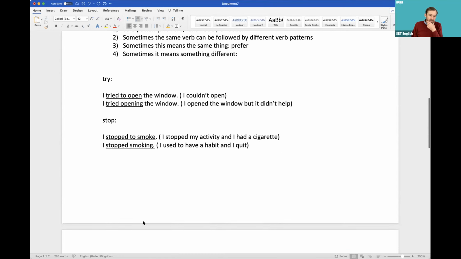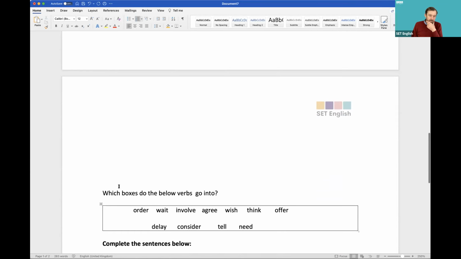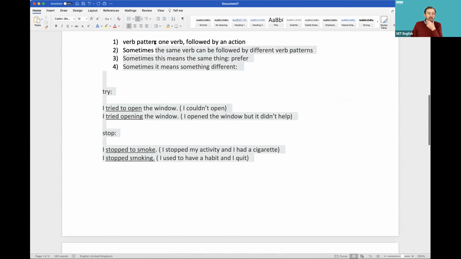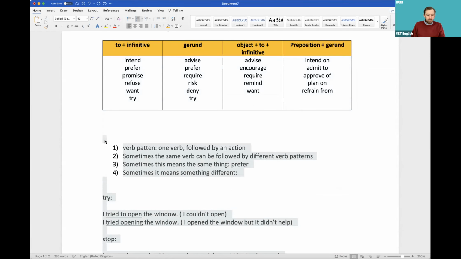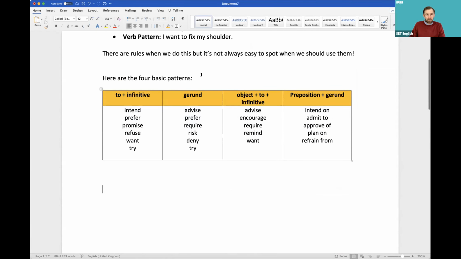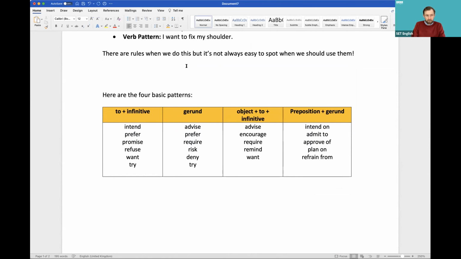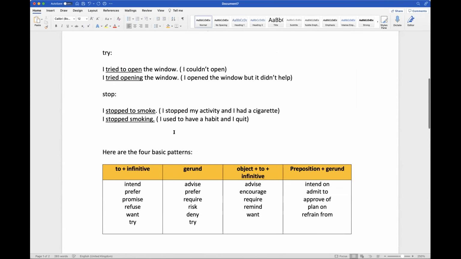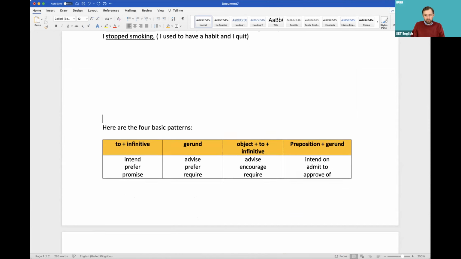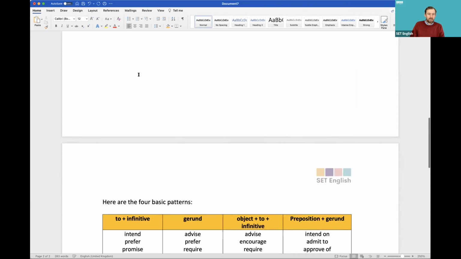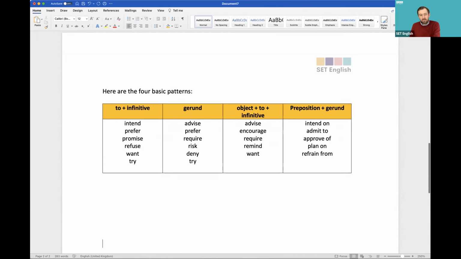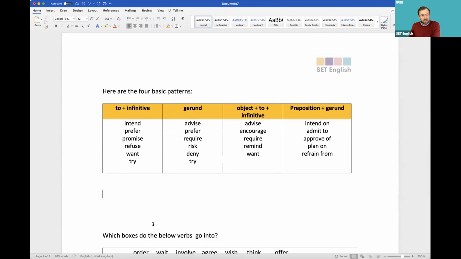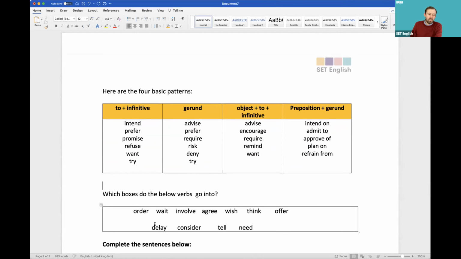So let's have a look at this box here. Okay, let me bring this down. So we'll take this and we'll put it above here. And then I've got an exercise for you, just very, very quickly. I know it's about 10 to now. Have a look at this box. Just tell me, where do you think they go?